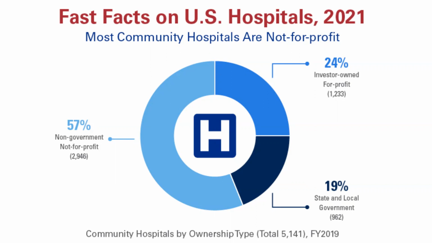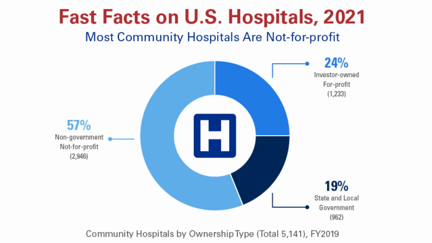So Wentworth Douglas, for example, is a not-for-profit community hospital located in Dover, New Hampshire. So that's one town over from UNH, right? And there are no investors that own Wentworth Douglas. Instead, Wentworth Douglas is owned in concept by the people of Dover and the surrounding area that it supports. And we'll talk about how that works.